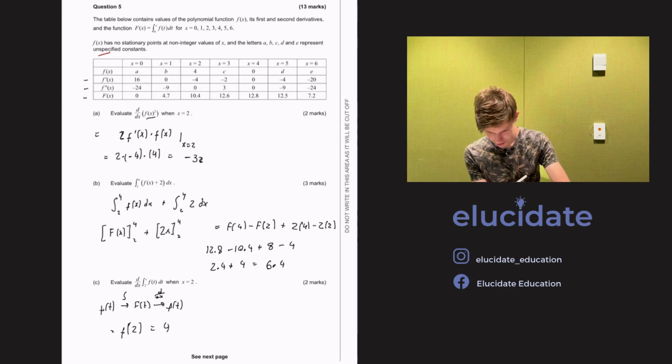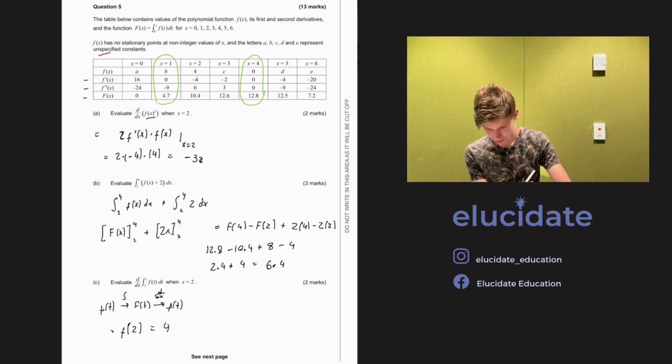We have got this one here, when x is equal to 1. We have got this one here, when x is equal to 4. So let's have a look at our table here. We know that the derivative is equal to 0. We don't know what the value of the function is, but we do know the second derivative.